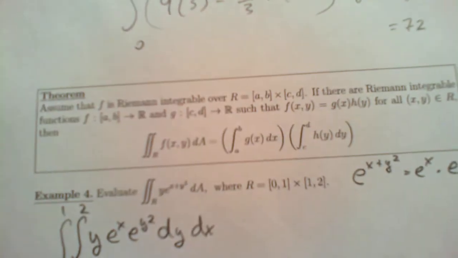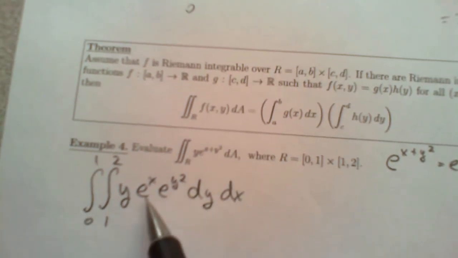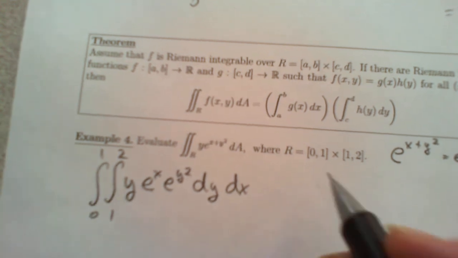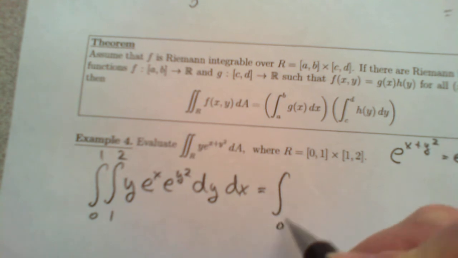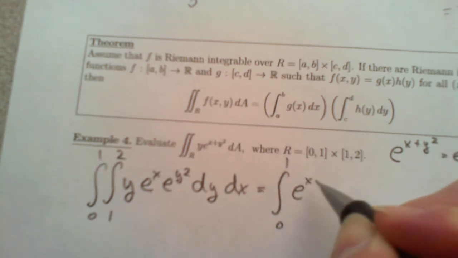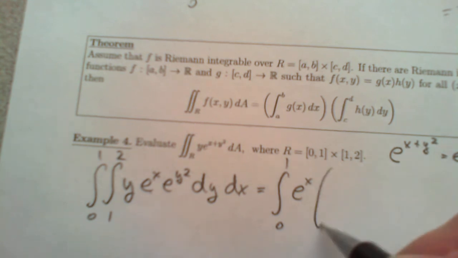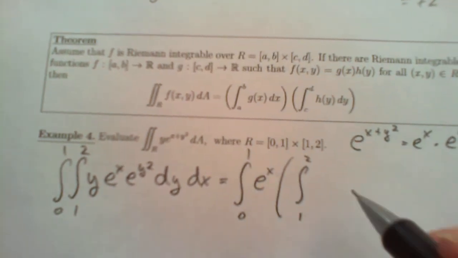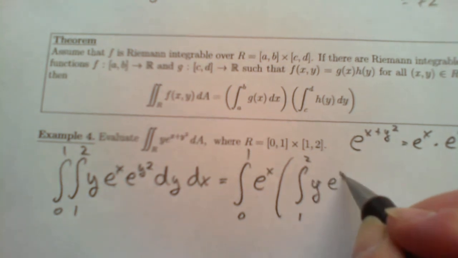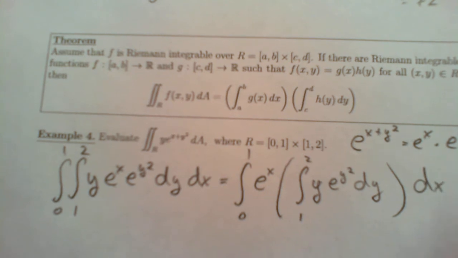Now why am I separating it like this? Because at this point, when I'm doing this integral, x is a constant. So what I'm looking at is the integral from 1 to 2 of y times e to the y squared dy, dx.